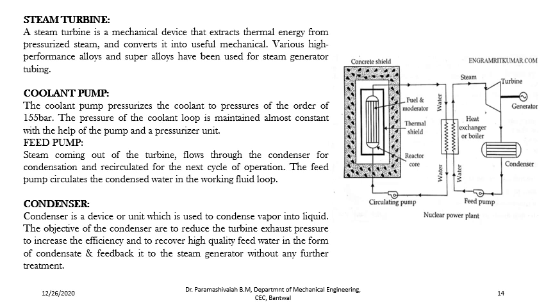Then the coolant pump pressurizes the coolant to pressures of the order of 1.5 bar. The pressure of the coolant loop is maintained almost constant with the help of the pump and a pressure unit. The pump is very much essential for circulating the water, because naturally it doesn't flow.